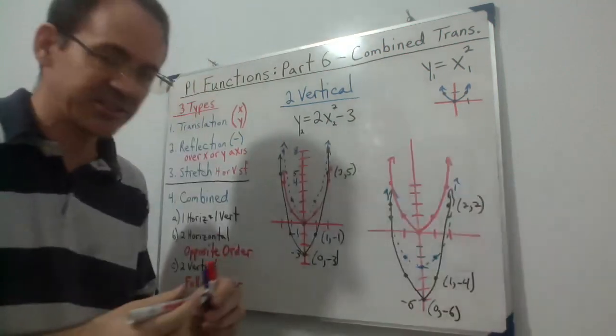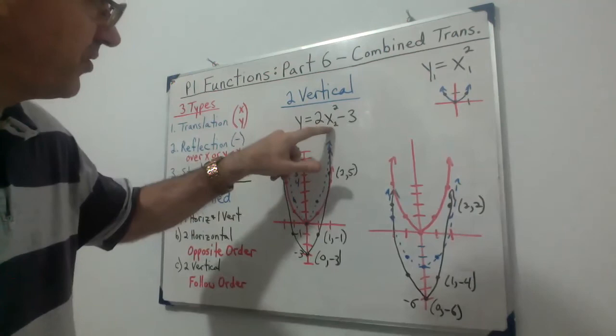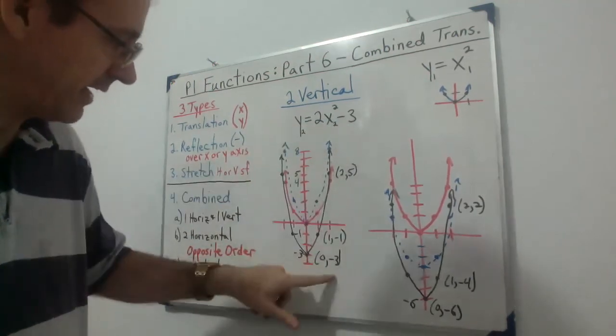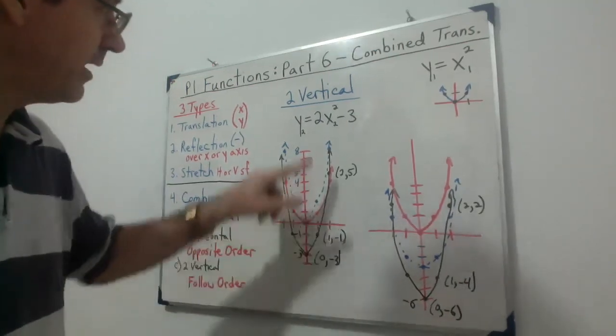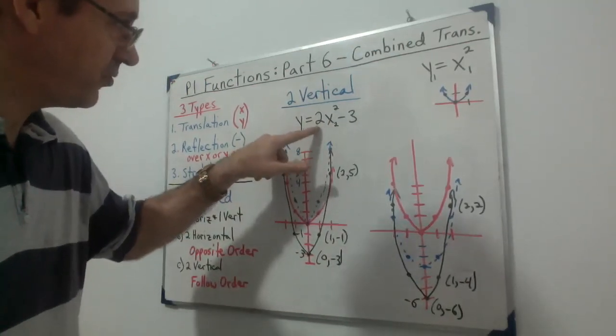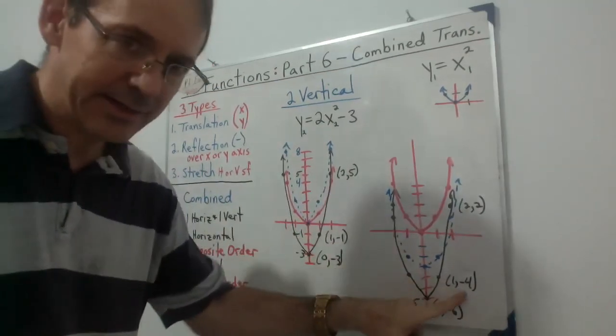So let's see which set actually works. If you plug in a 0, 0 squared is 0, times 2 is 0, minus 3 is -3. You don't get -6. If you plug in a 1, 1 squared is 1, times 2 is 2, 2 minus 3 is -1, not -4.